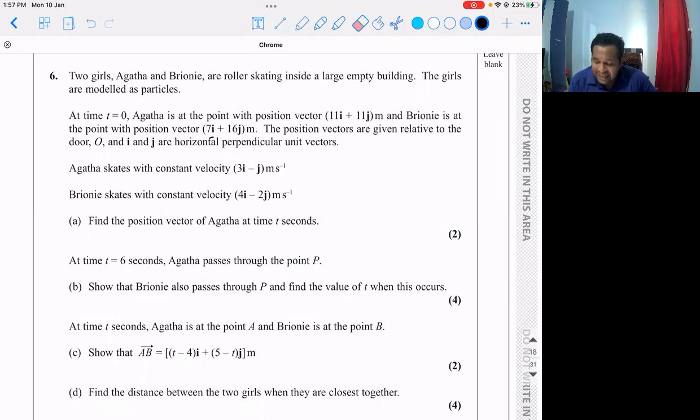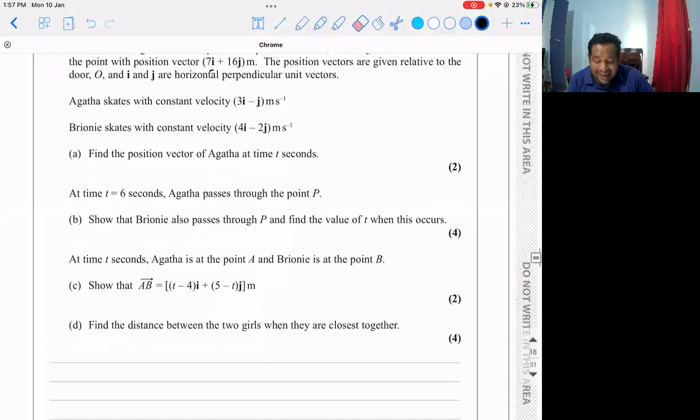The position vectors are given relative to the door O, with i and j horizontal perpendicular unit vectors. Agatha skates with a constant velocity 3i minus j meters per second. Brioni skates with constant velocity 4i minus 2j meters per second. Find the position vector of Agatha at time t seconds. So that is the first question.